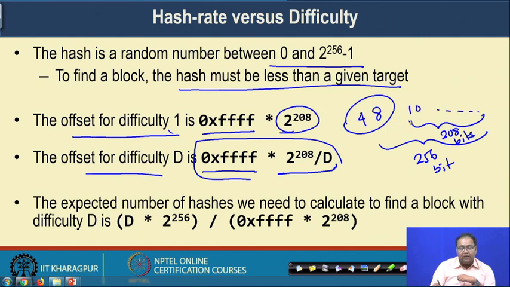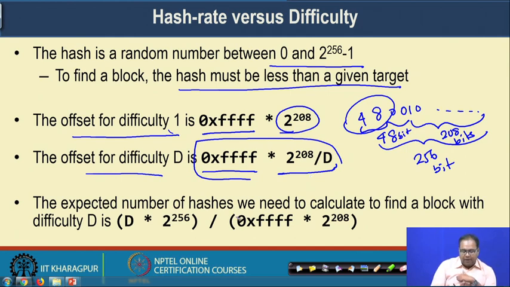Okay. So, we have control over these 48 bits. We want that this initial 48 bits should be all zeros. So, that is for the difficulty level 1. Accordingly, we define the difficulty level D, the number of initial bits that we want.